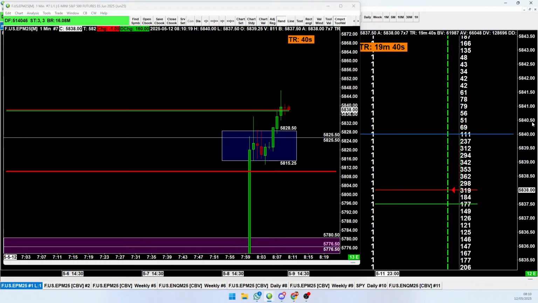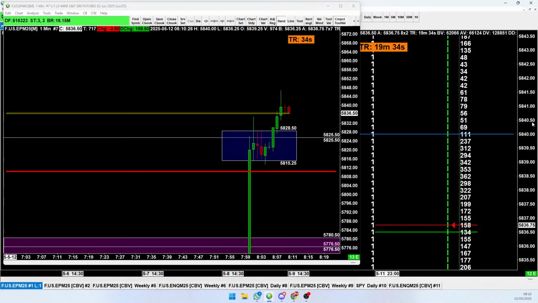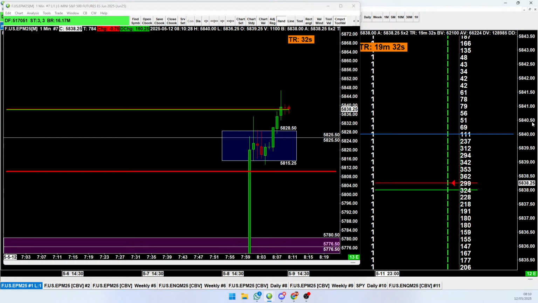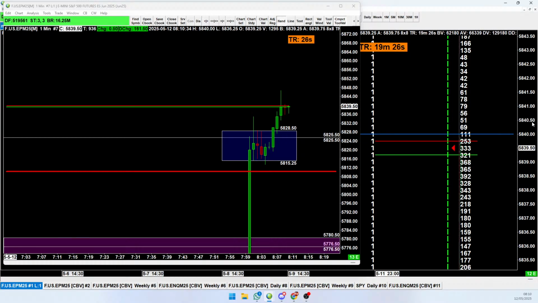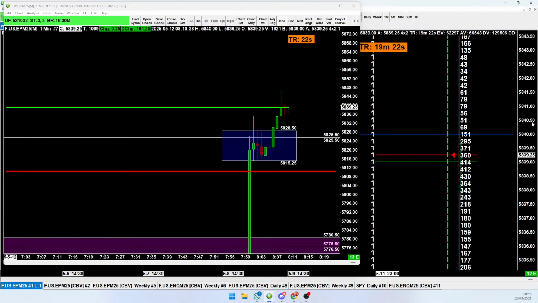Be careful shorting it. There's a seller at 40.